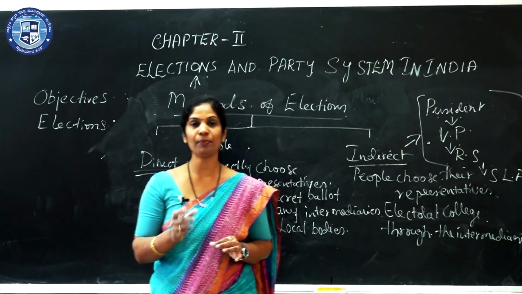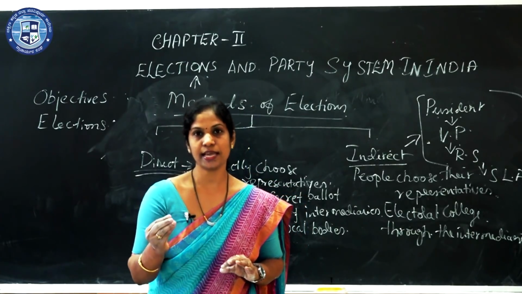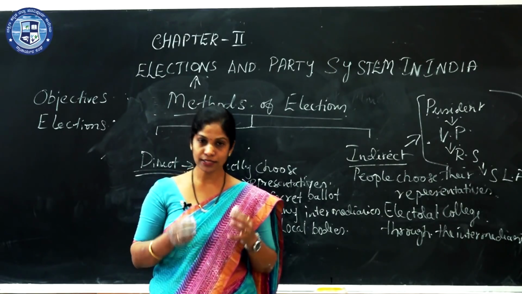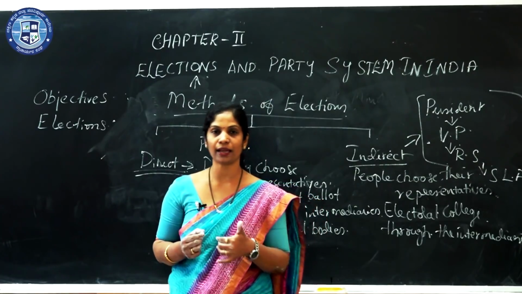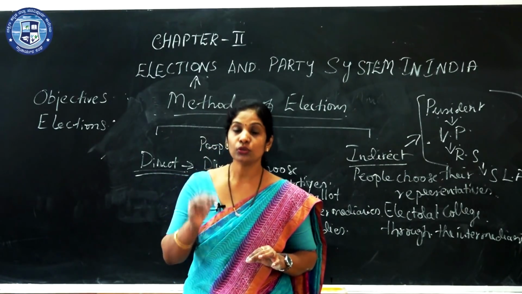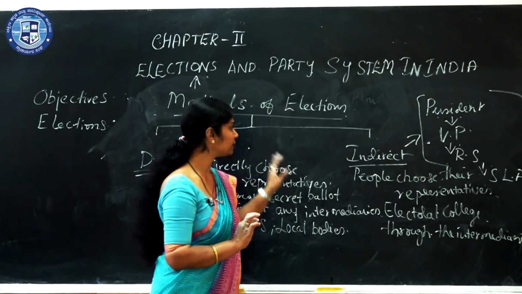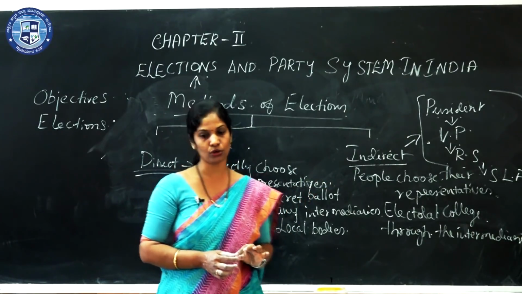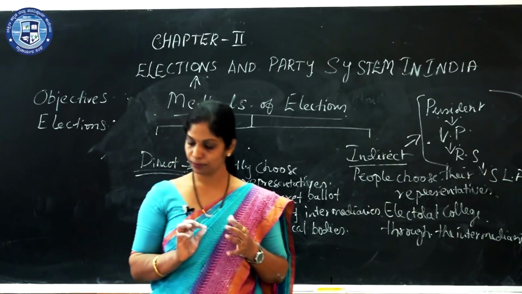The political parties think that through the emotional trump card, they can easily get votes from the people. And sometimes because of regional issues, maybe language or region, these emotional trump cards also play a major role under the direct election, but it is not found under the indirect method of election. So there is little scope for the emotions of the people.